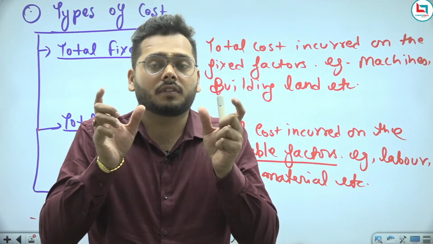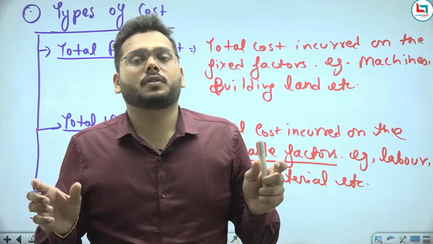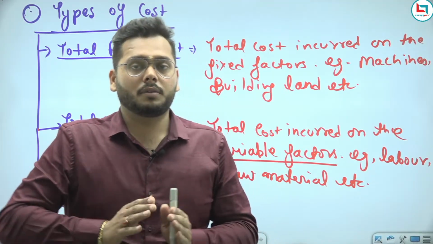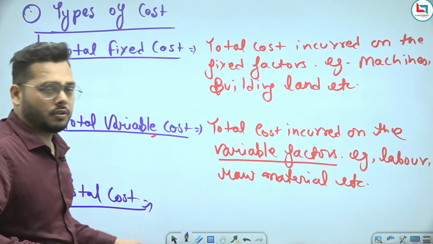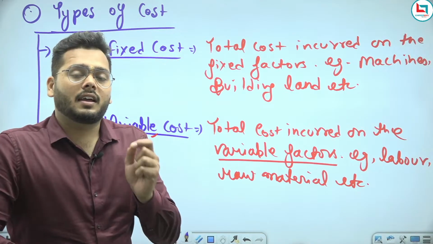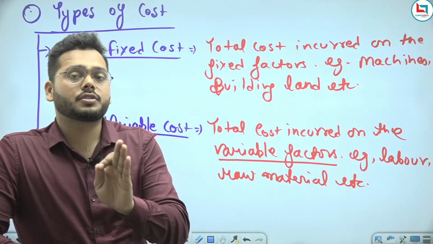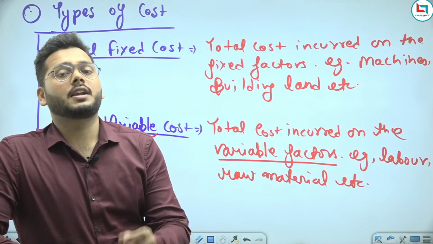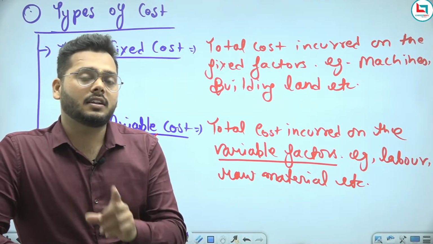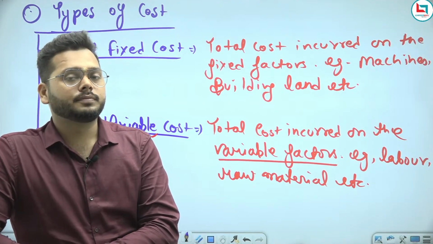The sum of total fixed cost and total variable cost will be equal to the total cost. It means what? Total cost is the total expenditure incurred on the production of goods and services, which is the combination of fixed cost and variable cost. Am I clear to everyone?